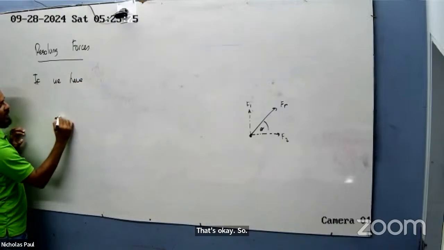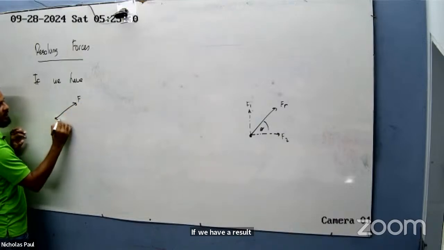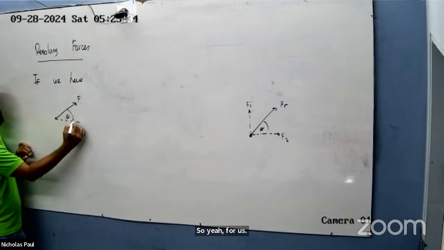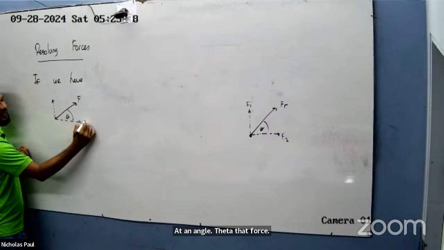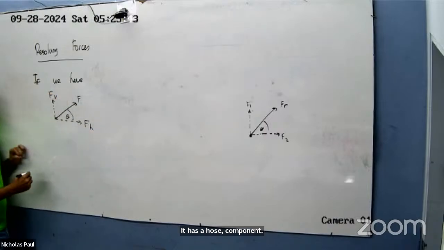If we have a force at an angle theta to the horizontal, that force has two components. It has a horizontal component and a vertical component.